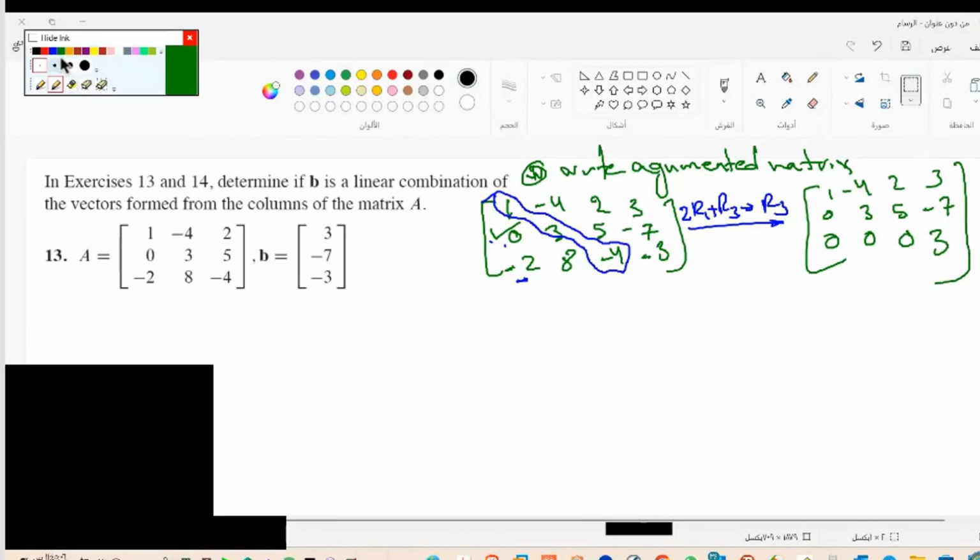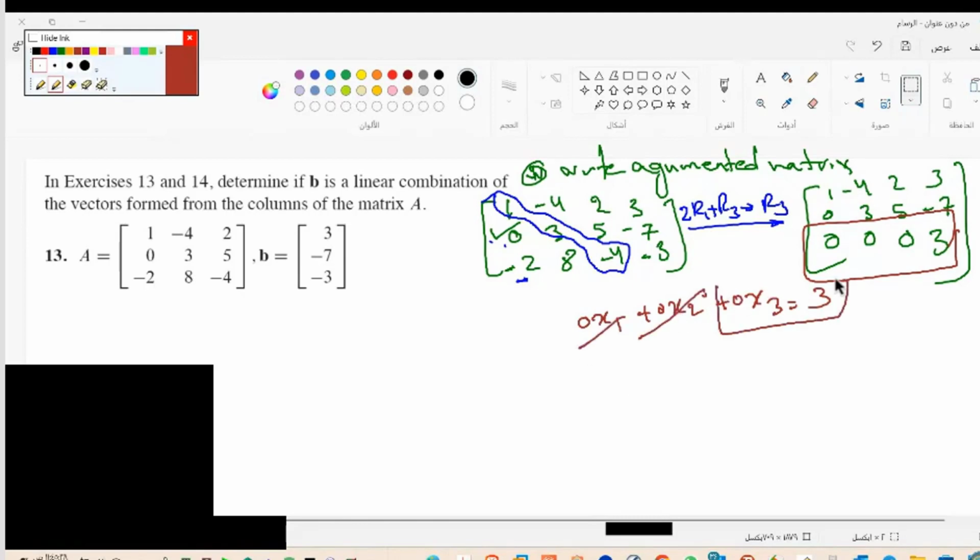Good. Let's check again. See here the answer. Last row it is 0 0 0 3.